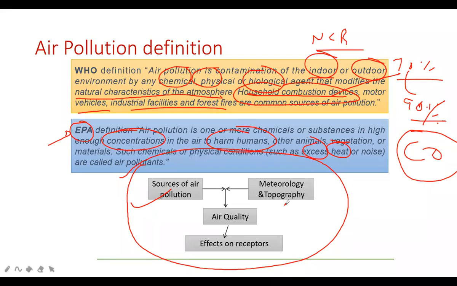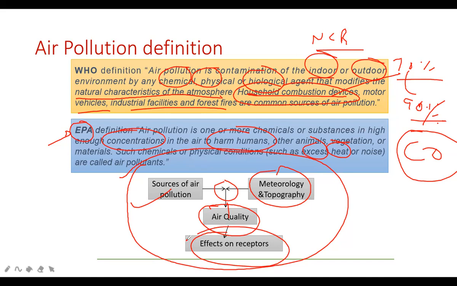No doubt we will discuss this in detail. Topography means whether it is a plain or some mountains, so it all depends upon the topography also. Then these two parameters ultimately affect the air quality, and once the air quality is bad or good, it affects the receptors, that is, you ultimately.